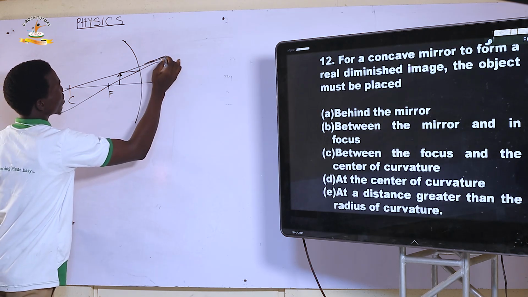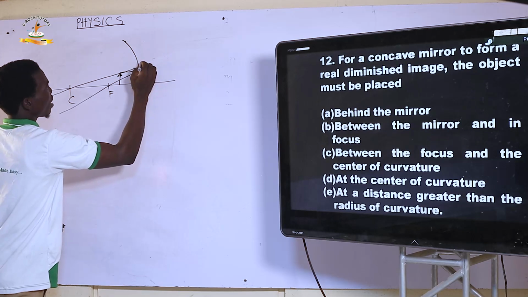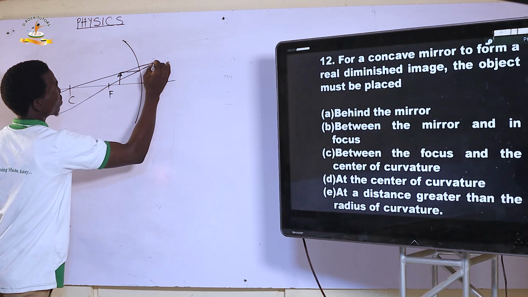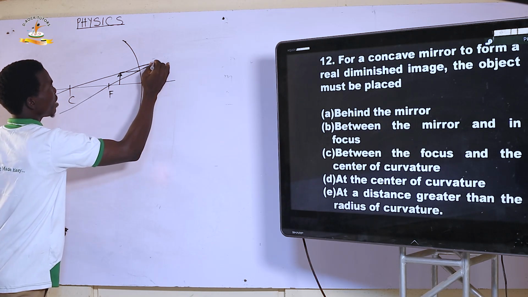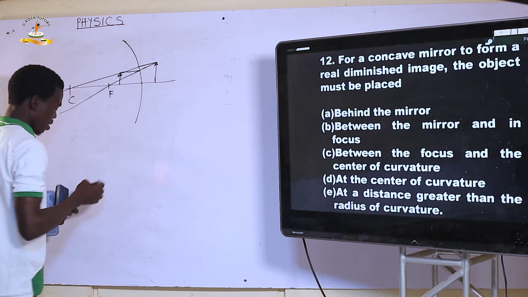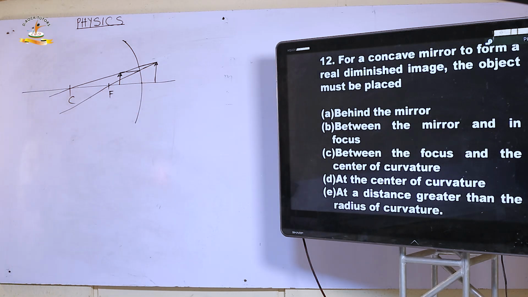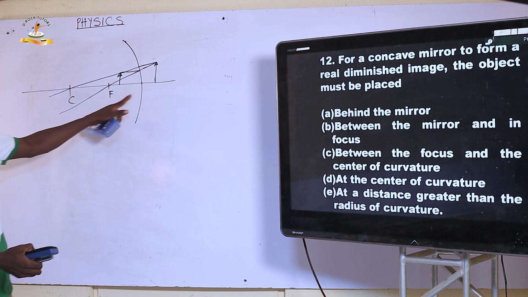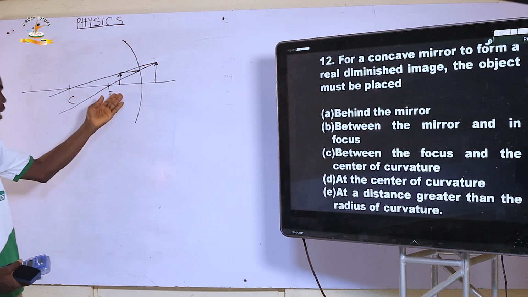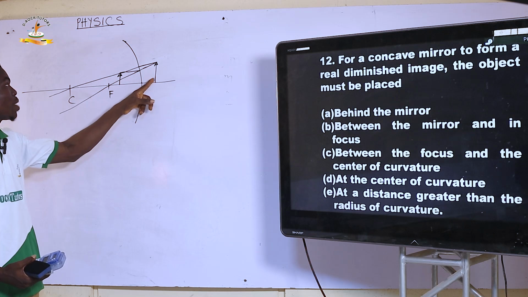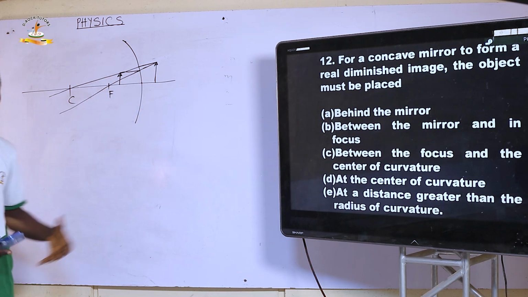You're going to see that they are meeting at the back of the mirror. Anytime the image is formed at the back of the mirror or lens, we say the image is not real. So we call it a virtual image. Next, although it is virtual, it is magnified. You can see the final image is taller than the original object.